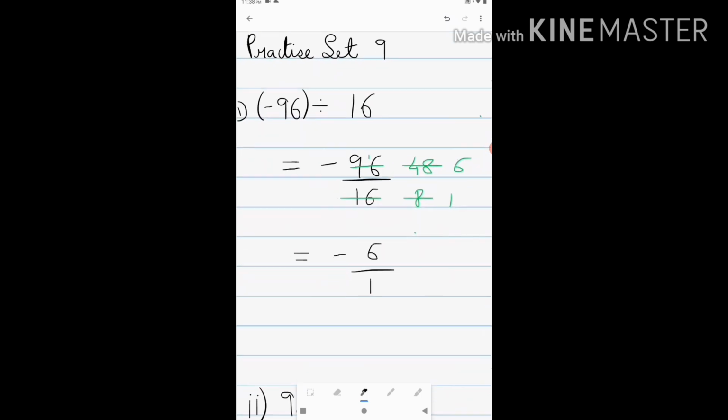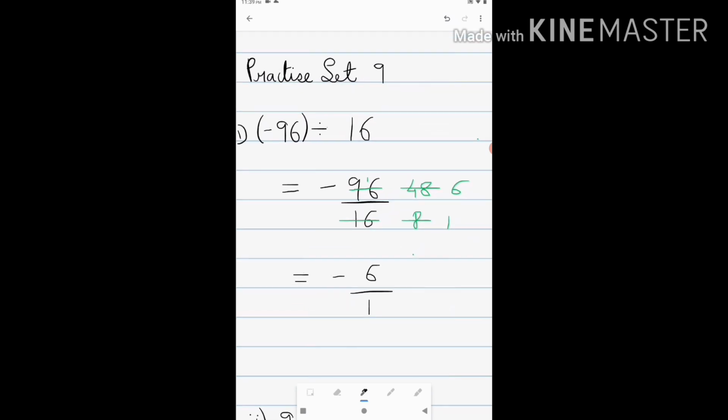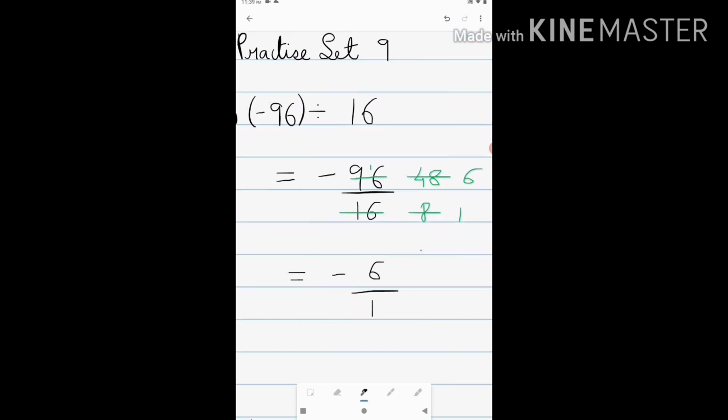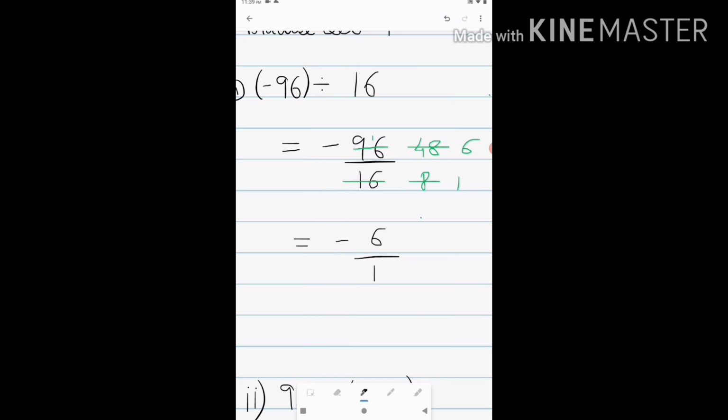So my answer is minus 6 upon 1. I can also write it as minus 6, because whenever there is a number in the denominator 1, then you can ignore the denominator. Okay. So my answer here is minus 6.